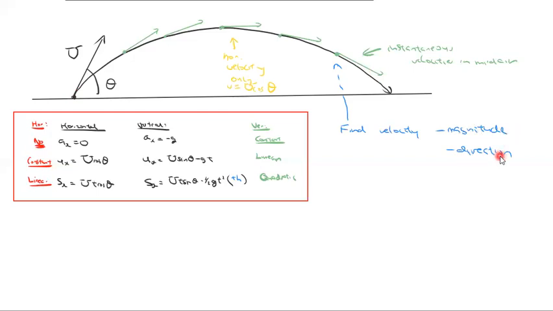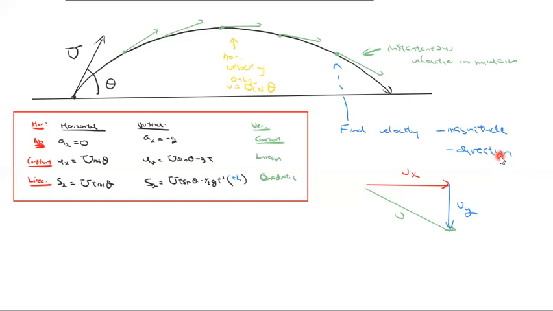If you don't know how to do this, it's actually a lot simpler than you think, because the velocity is, as always, two-dimensional, made up of both a horizontal component, Vx, and a vertical component, Vy.